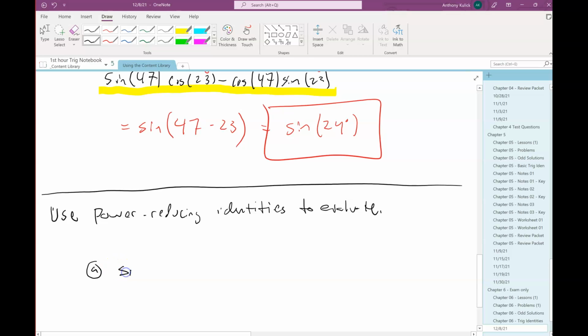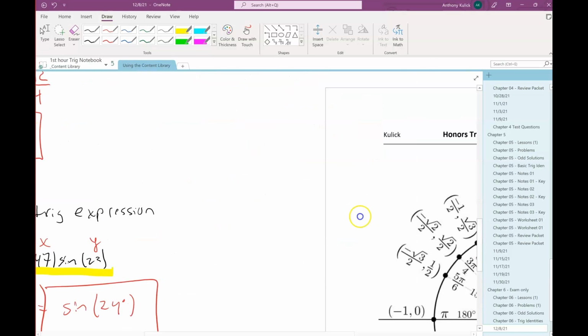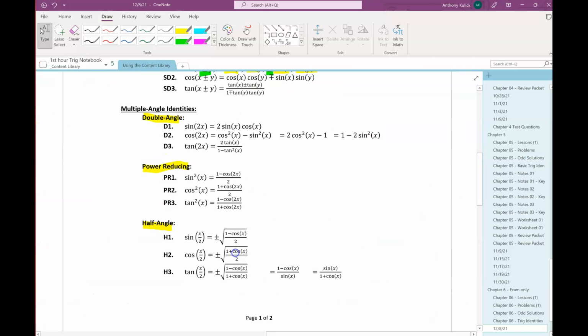Let's say we have sine squared of 3 pi over 8. So I'm going to go look at the power reducing identity since the instruction is telling me to use one of those. So the power reducing identity I'm going to need to use is going to be this one.